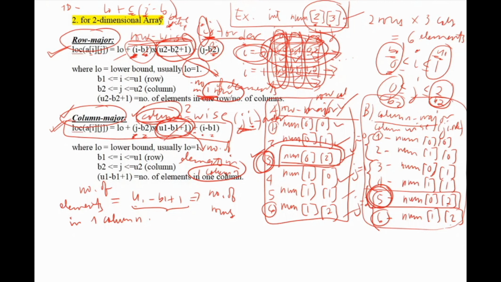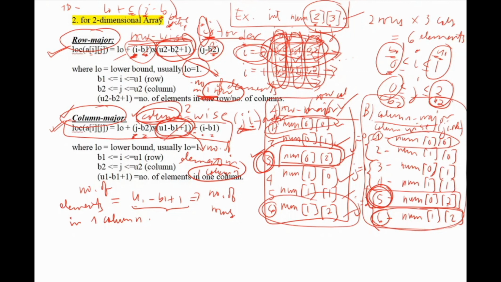And the first and the last for these two are the same. The first here is num00, the first here is num00, the last here is num12, and the last here is num12. So the first and the last elements are the same, but the in-between are not necessarily the same.